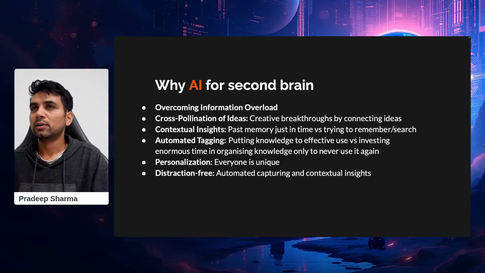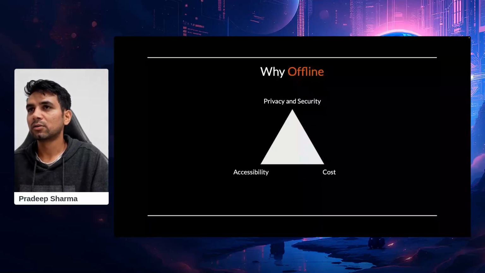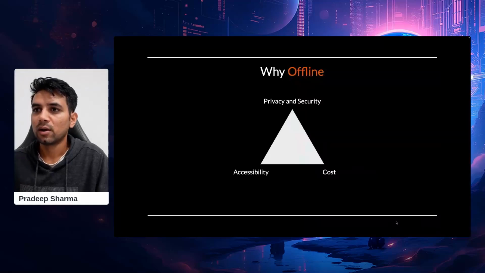So I guess, why do we use AI for a second brain? You could guess, and I wouldn't spend more time on it because we have more things to cover. And I see that 50% of people have never tried local LLMs.